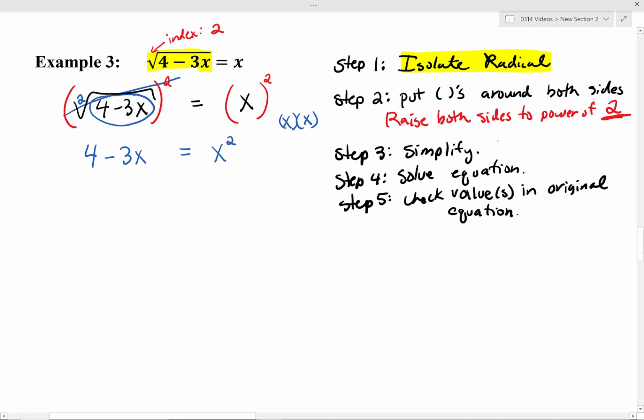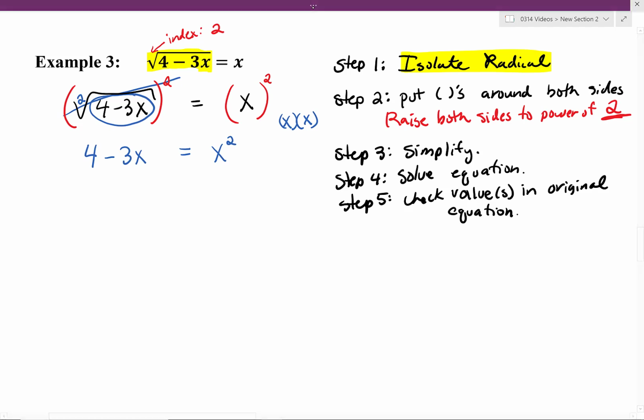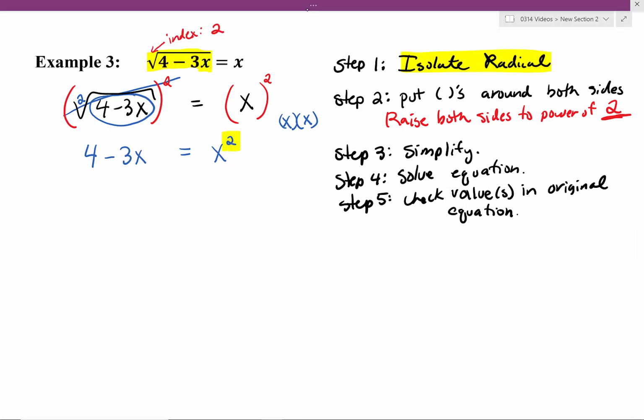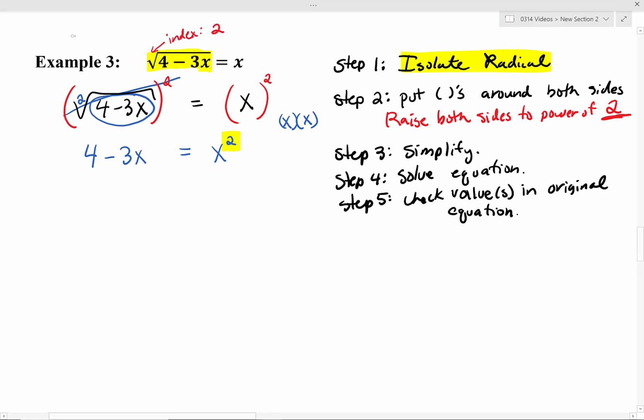All right, so now we have simplified. Now we need to solve this equation. We notice that this time we have a power of 2 on a variable. So this is actually one of those quadratic equations. We also have a linear term.